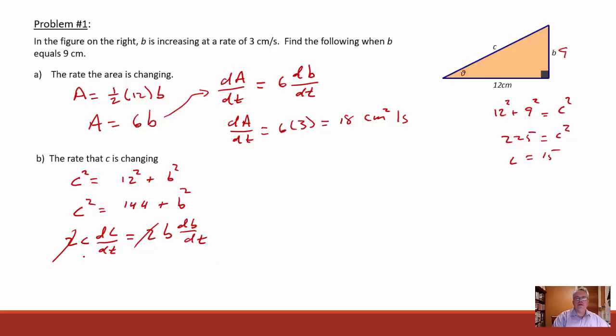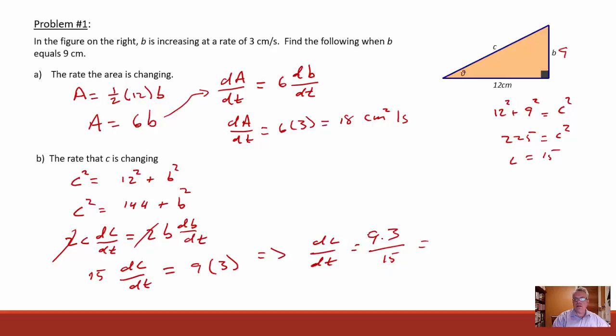Okay, now we can substitute into this equation. C is 15. We want to find dC/dt, so we don't know that, equals B is 9, and dB/dt is 3. So we get dC/dt equals 9 times 3 over 15, which is 9/5.